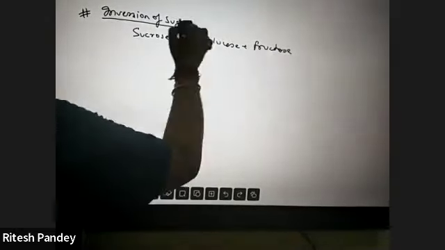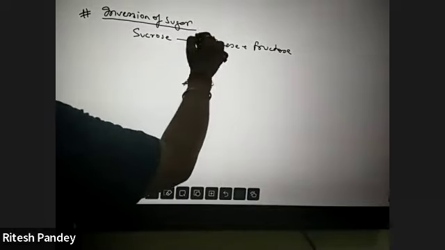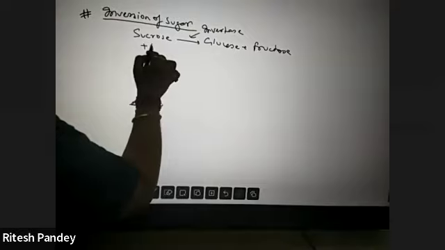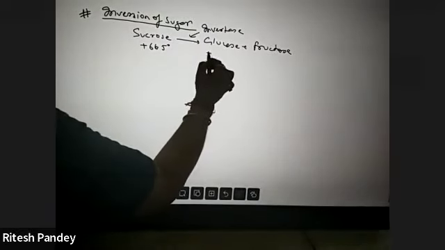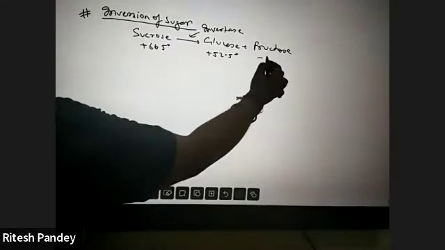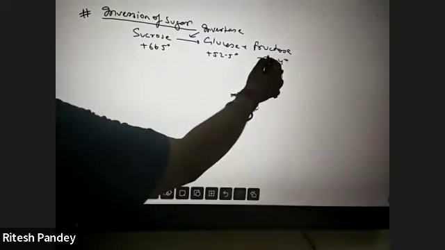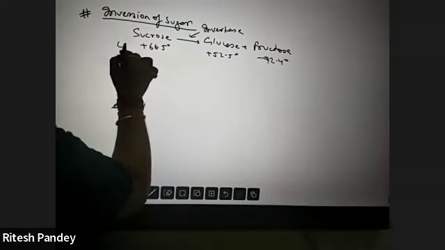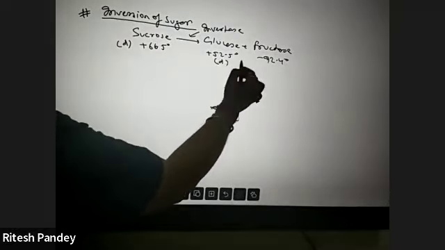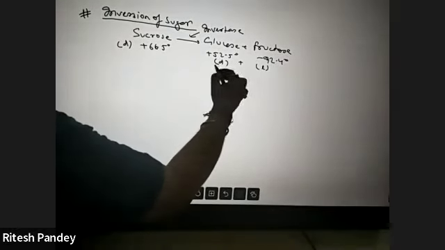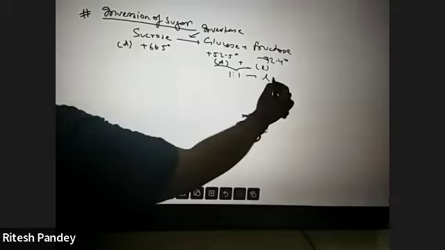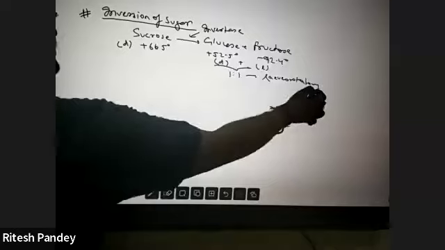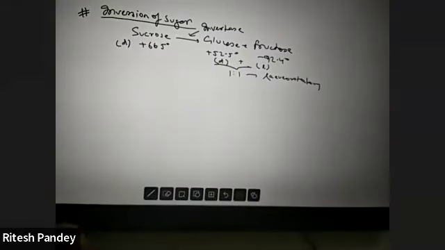The name of this reaction is inversion and the enzyme used is invertase. Sucrose is plus 66.5 degree, glucose plus 52.5 degree and fructose minus 92.4 degree. Please pardon me if I make a mistake with a few degrees here and there. An equimolar mixture of dextro and levo eventually becomes levorotatory, so as this reaction progresses, a dextro solution becomes levo.